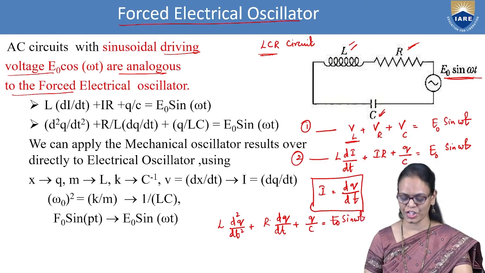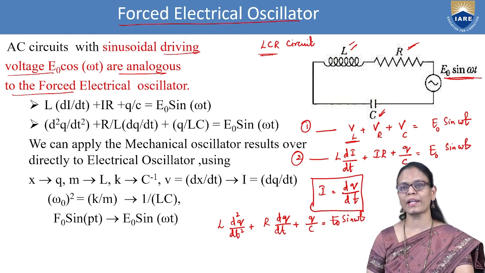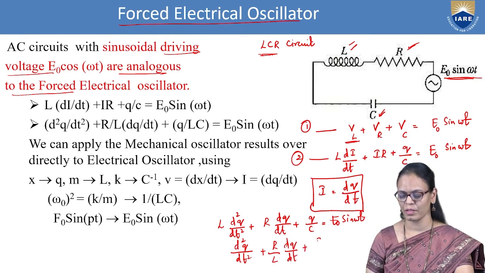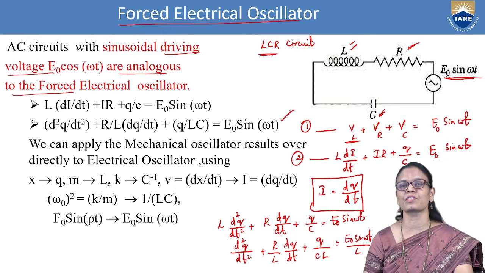Now to write the differential equation, we divide throughout by L. So we get d square q by dt square plus R by L into dq by dt plus q by CL is equal to E naught sine omega t upon L. So we are getting this expression.